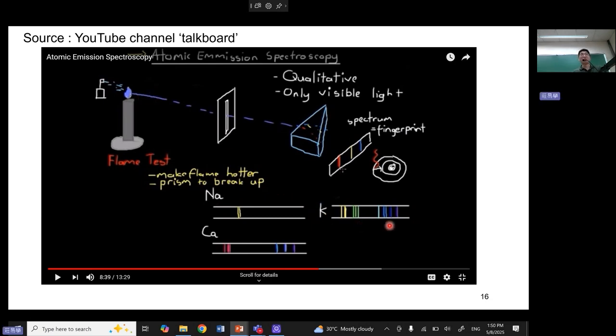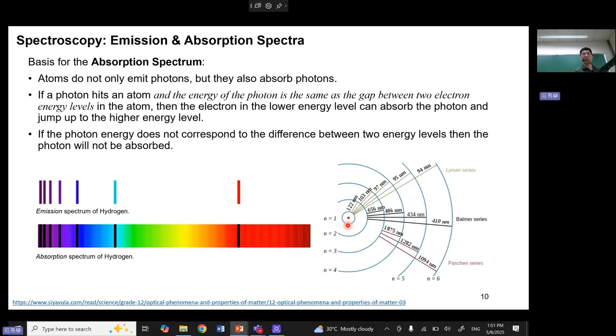Do you still remember why the emission pattern looked like this? 大家还记得为什么这个 emission pattern 会长这样子吧？我们上礼拜有讲到。In the previous lecture, when we were talking about the emission spectrum of hydrogen, it looked like this.